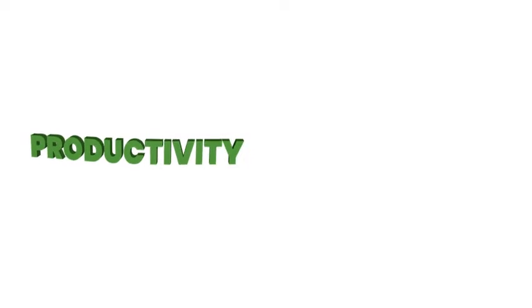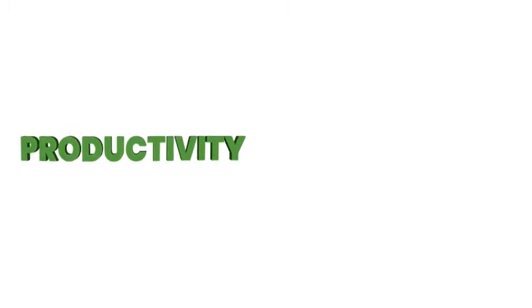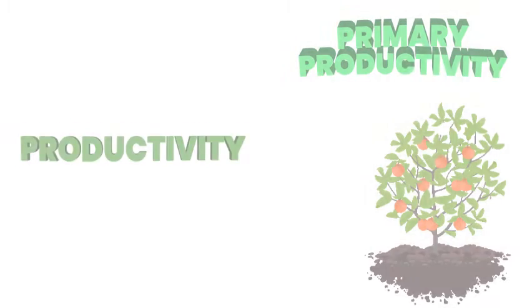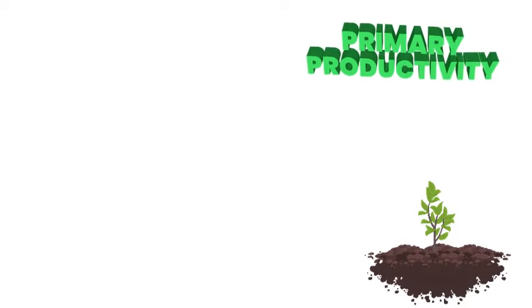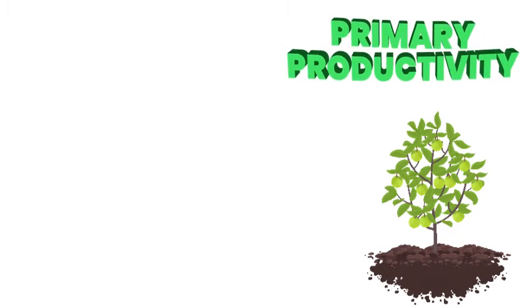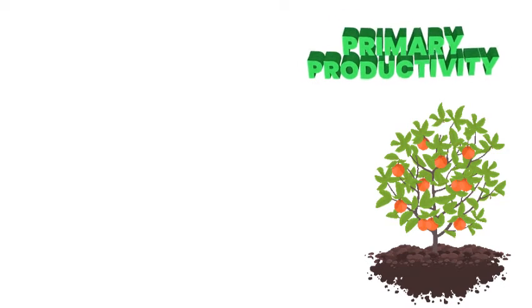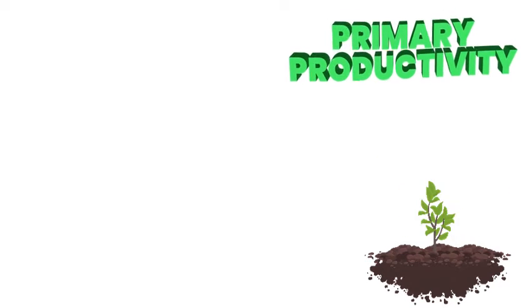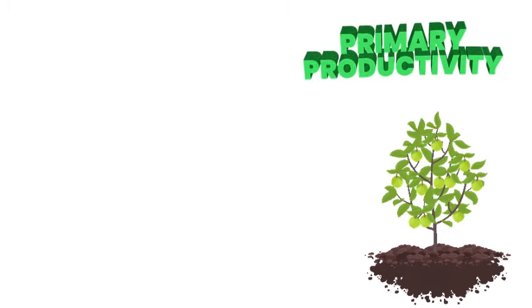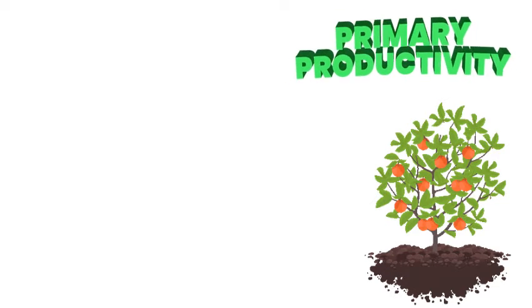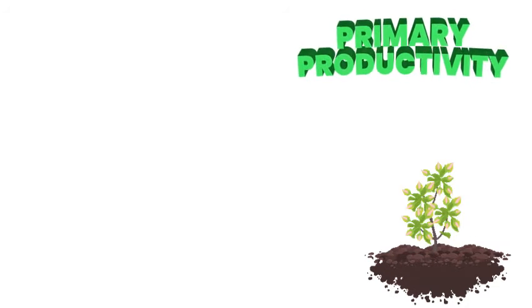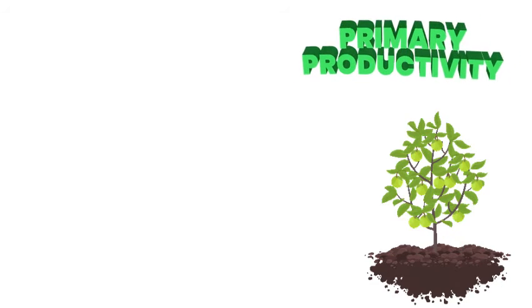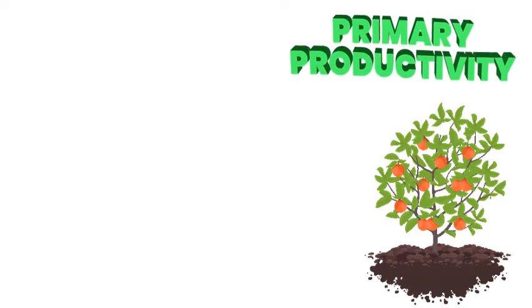Here we discuss the concept of productivity. Productivity is measured as primary as well as secondary productivity. The total energy produced by the producers or the green plants is called gross primary productivity. The energy stored as biomass after its own use for respiration is called net primary productivity.